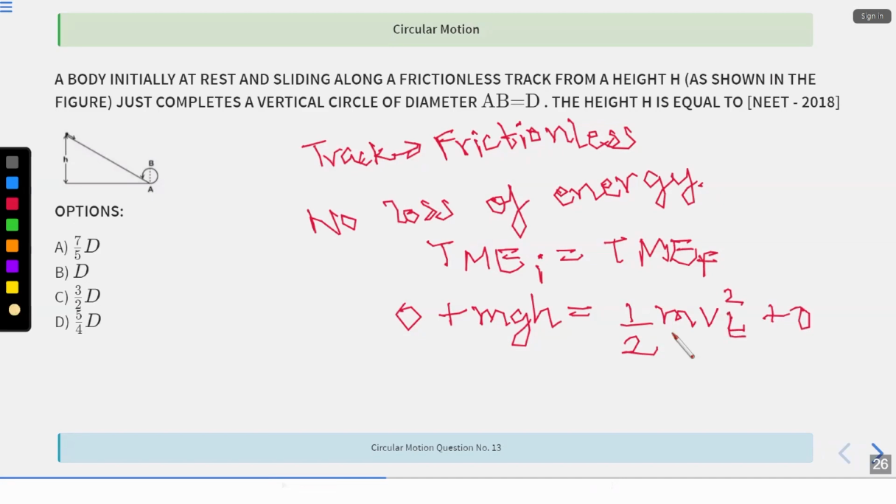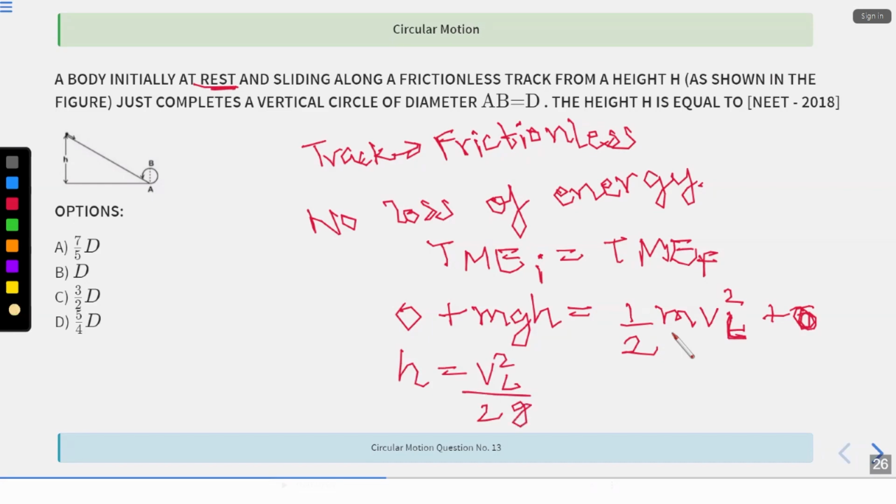Why is it 0? Because initially it is at rest. And then finally it reaches the ground over here, so the height would be equal to 0. This is VL, okay? So with this, you'll get h is equal to v square L by 2g.